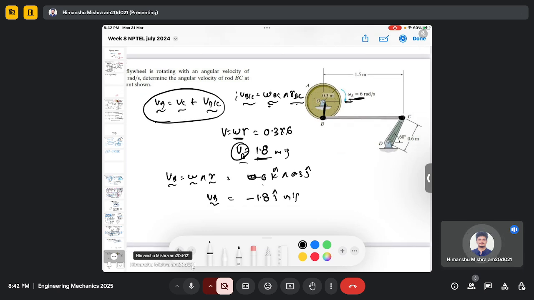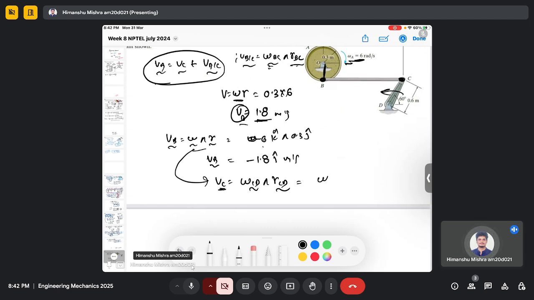Similarly, I can find the velocity vector at C, because this is also rotating. So my VC will be omega CD cross RCD, right? I am using the same formula which I used to calculate VB. So I don't know what omega CD is, but it is in the k direction, cross product with RCD, and RCD I can find because this is 0.6 and this is 60 degrees.